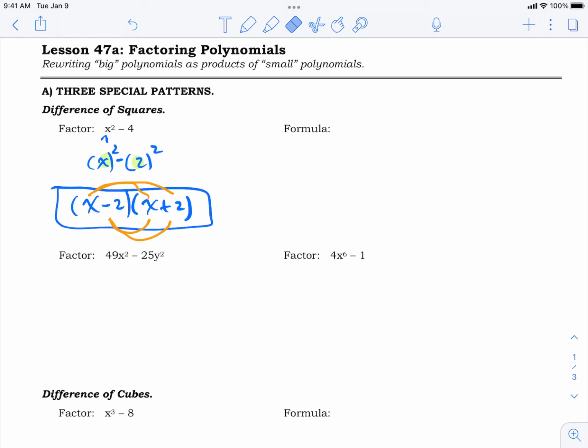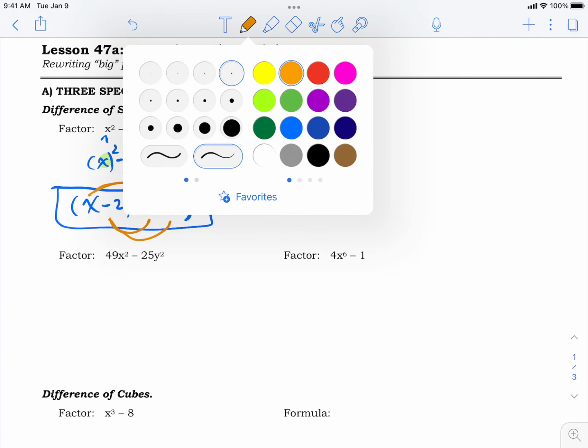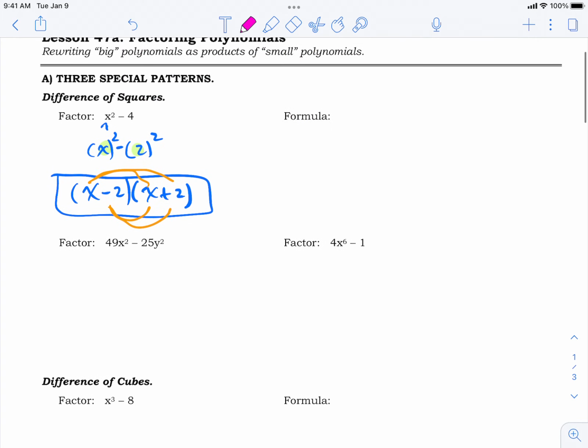I guess we could write this as a formula. Formulas are basically meant to help you remember a pattern. So you want to be as general as you can. So instead of using a specific example, we'll say a squared minus b squared, where a can be like practically anything, b can be like practically anything.